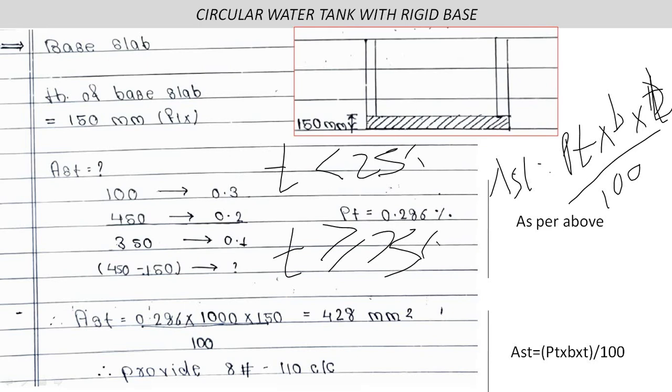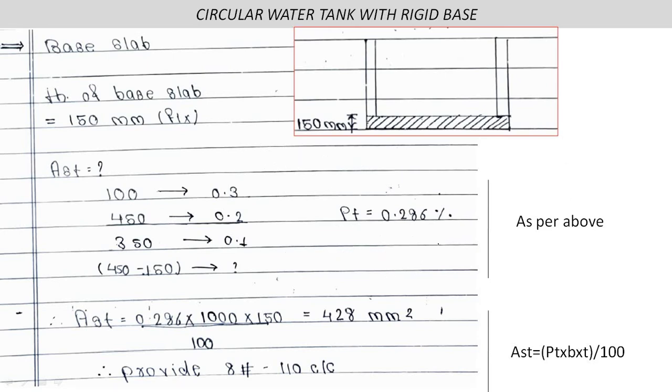So in our case, the codal provision says if the thickness is around 100 mm, we should provide the percentage of steel as 0.3, and if the thickness of the base slab is 450 mm, we have to provide the percentage of steel as 0.2. So in our case it is 150, so we have to interpolate the value and find the percentage of steel for the thickness of 150 mm.